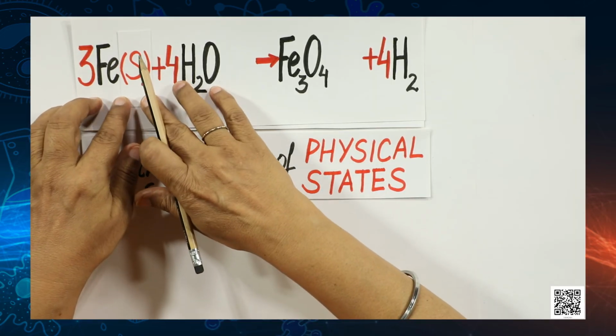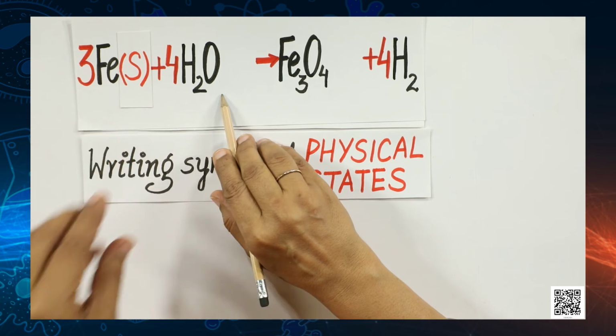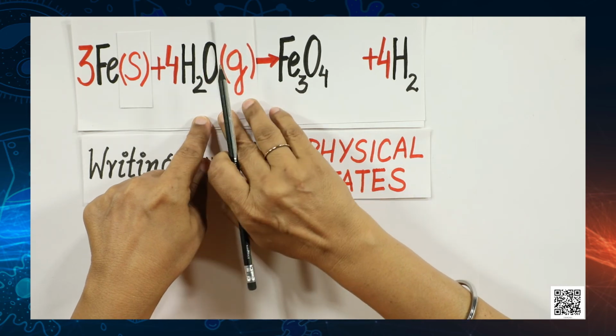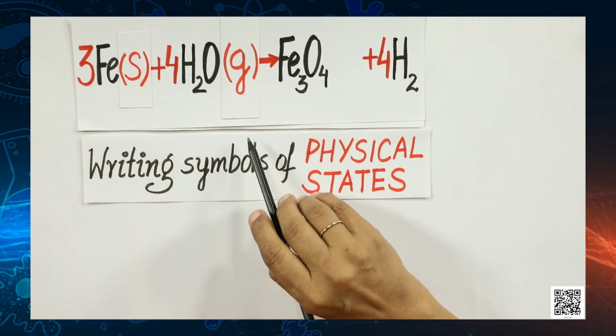So, let us try making this equation more informative by writing symbols of physical states. So, iron over here is a solid. So, what do we do? We can write s within brackets over here, and this is water. Unless you mention the physical state, some of the children may wonder that water is in liquid form, but here this is in gaseous form, because iron will not react with cold water, it reacts with steam.